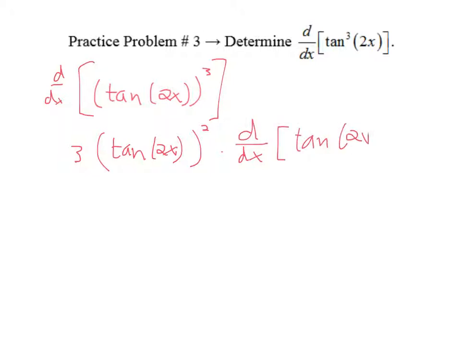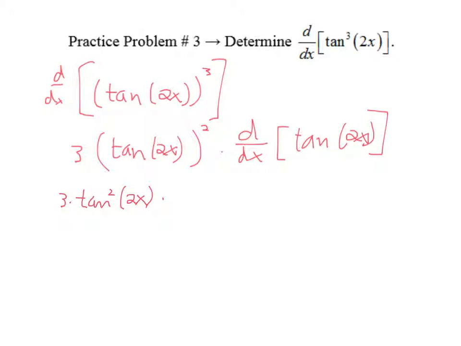But hopefully you've noticed, that inside function is also a composite function. So that means we need to use the chain rule on it, okay? So let's see, I'll conserve a little space. So I've got 3 times the tangent squared of 2x, right? And now we need to do the chain rule on tangent of 2x.